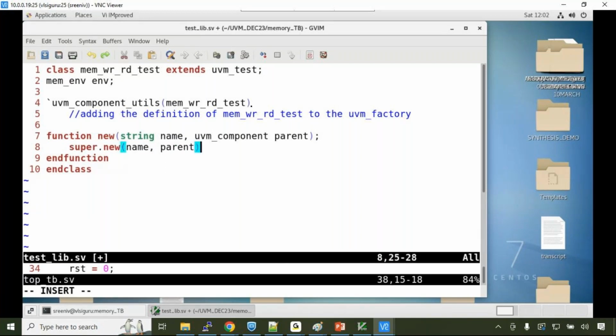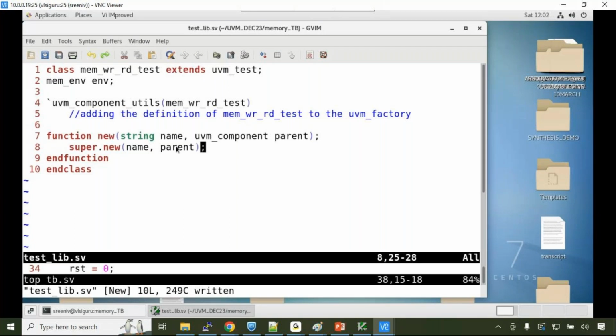This is a standard concept. I'll explain what is the name and what is the parent. Everything in UVM has a name and a parent. Like every person has a name and has a parent, in the same way every component in UVM has a name and a parent.